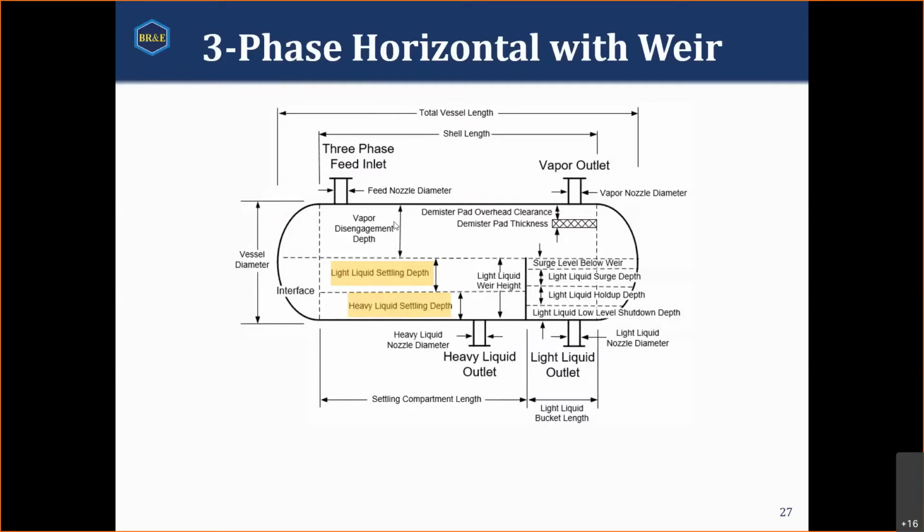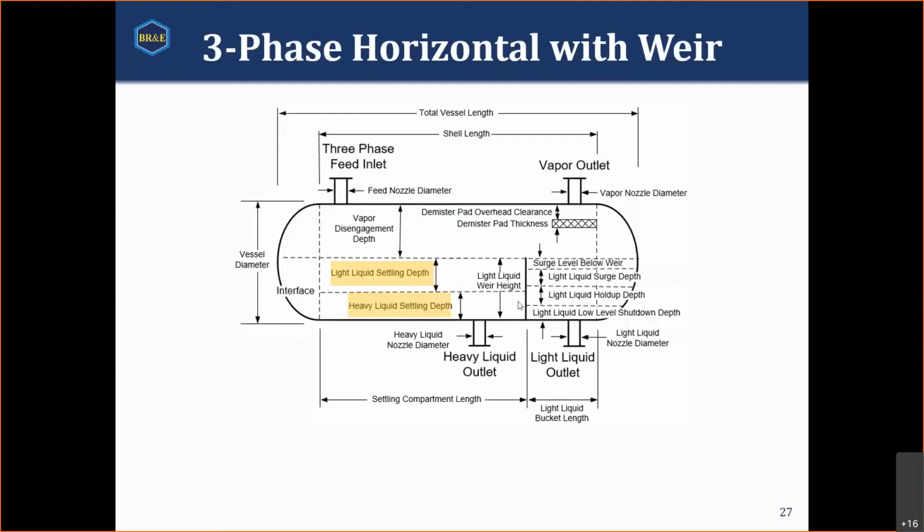But we also have the light liquid settling depth and the heavy liquid settling depth, and these two correspond to our residence time specification. So since there is no additional storage compartment for a heavy liquid in this type of separator, we don't have a heavy liquid surge or holdup depth, and we only have those for the light liquid.